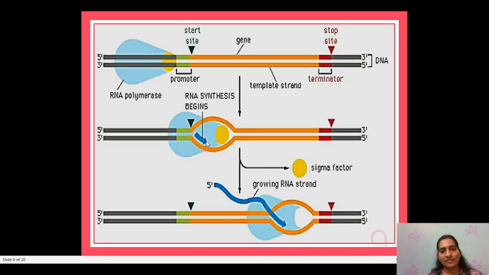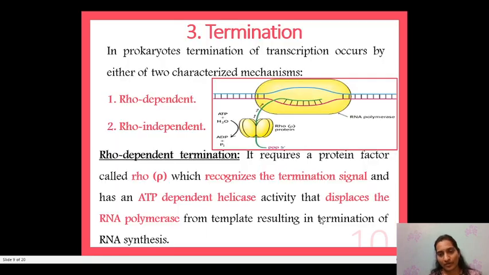After the formation of the small mRNA transcript, the sigma factor will get dissociated, and even after the dissociation of the sigma factor, the mRNA will be elongated just by your core enzyme. It adds the ribonucleotides and elongates the chain of mRNA until it reaches the termination codon.